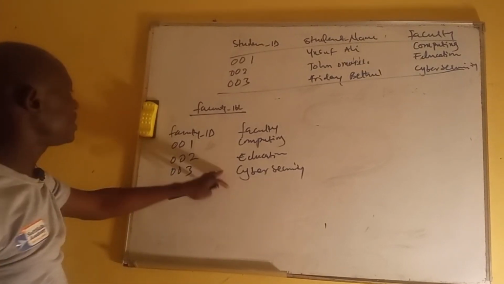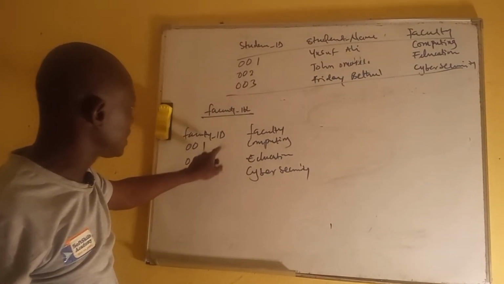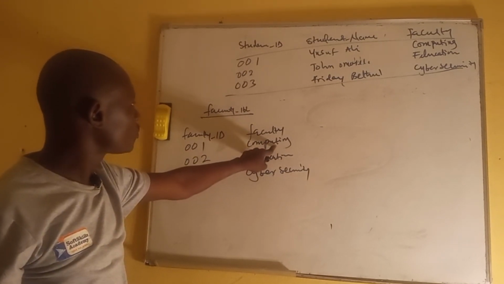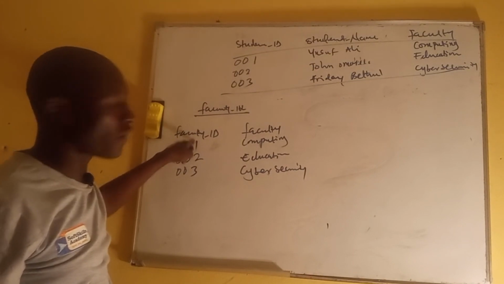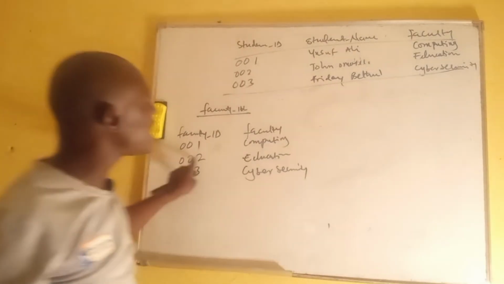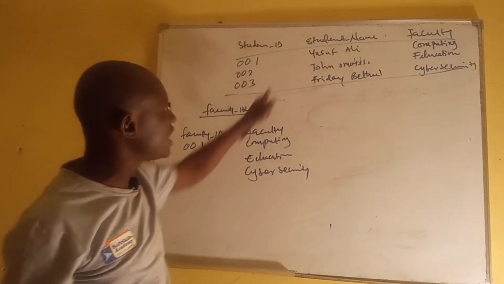So you see now we have this table, but this faculty does not only depend on this faculty. It also depends on the students. Are we together? So it also depends on the students.